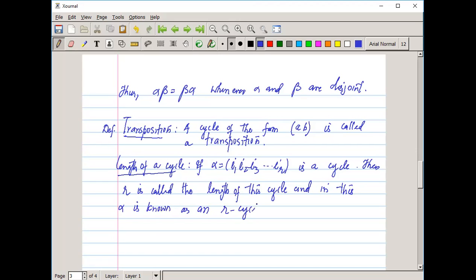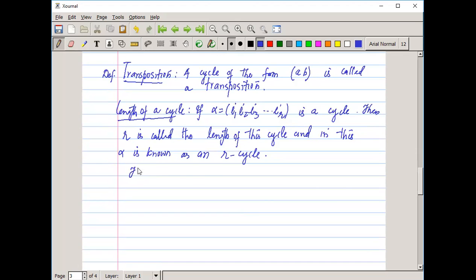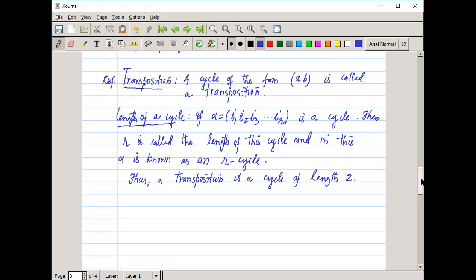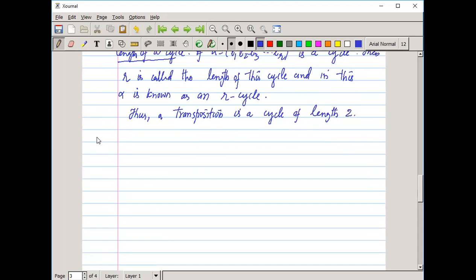So R cycle means a cycle of length R. Therefore, in this definition, we can say a transposition is a cycle of length 2. So a cycle of length 2 is known as a transposition.